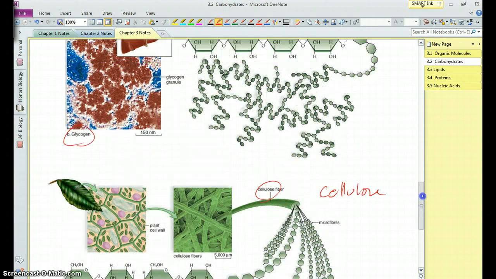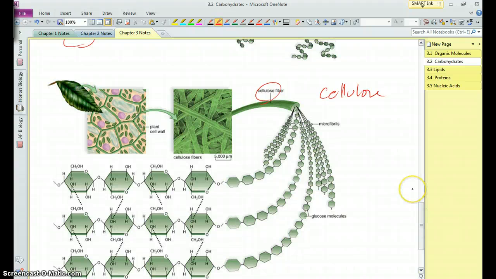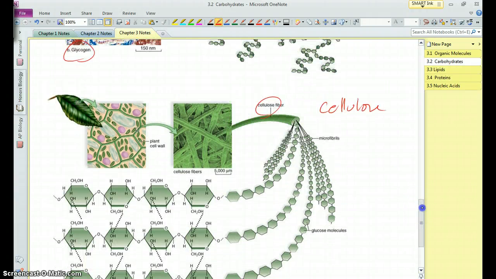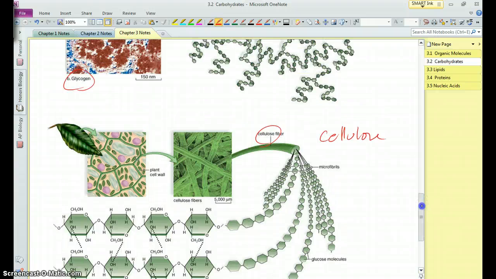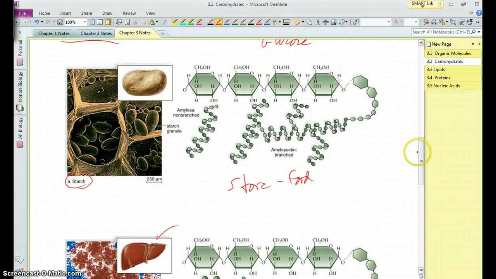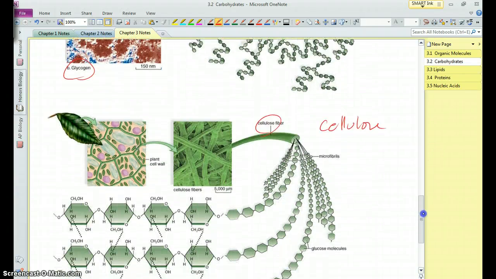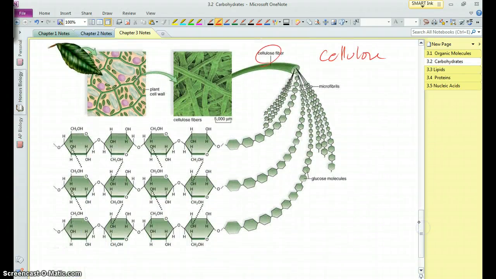Now you'll notice, just like these other two, it's made of a bunch of glucose molecules, but the bonding is slightly different. So notice here with starch how the oxygen points down in all of them. Well, let's take a look at cellulose. There's a slight difference. They alternate. One's pointing up, one's pointing down, one's pointing up, etc., etc.